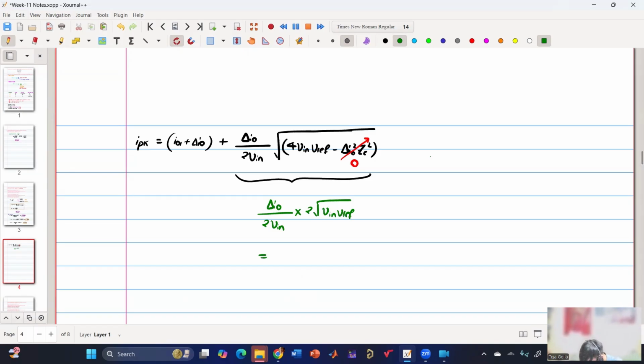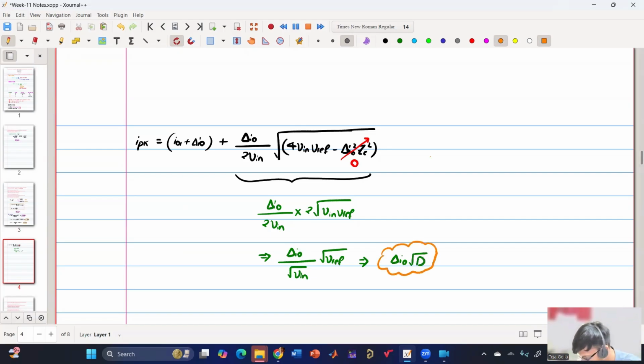Right? So now delta I naught by 2 will get cancelled, square root of V in, and here we will get square root of V reference. So now this will become delta I naught into square root of D. So that is the assumption that sir has considered in the previous week.